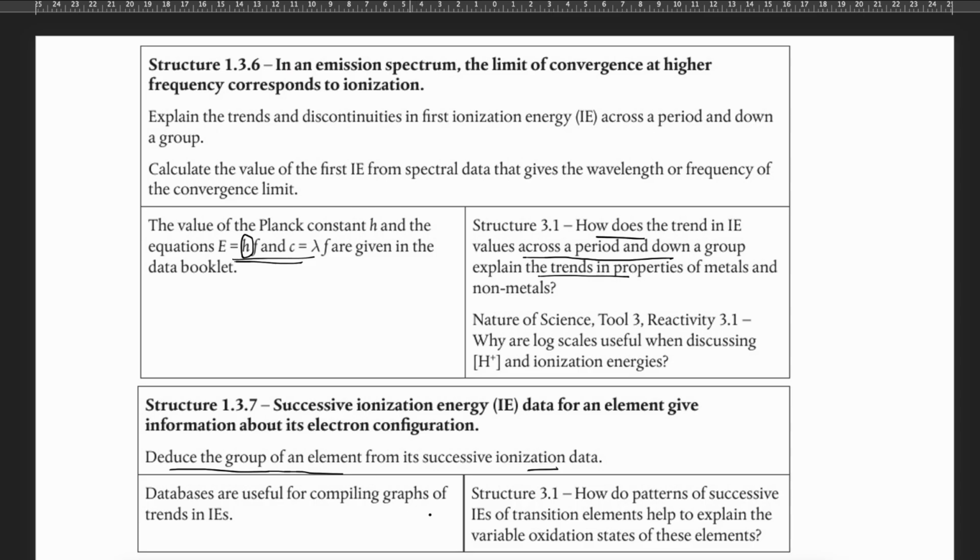Okay? And next, how do patterns of successive ionization energies of transition elements help to explain the variable oxidation states of the elements? Okay, between 3d and 4s, when we remove the electrons, remember? We remove the electrons first from 4s and then 3d, right?